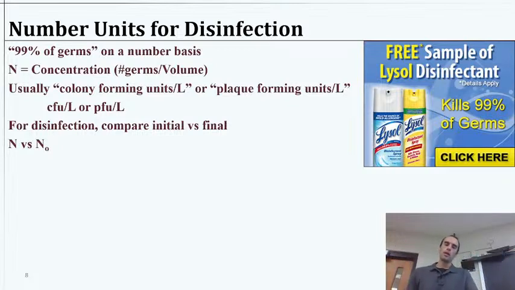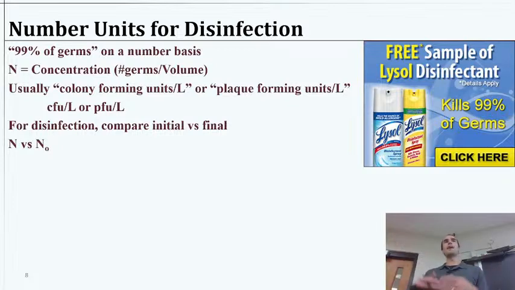Now, if you didn't know, what Lysol or whoever they're advertising, what they're not saying is they tried every single germ that exists and 99% of those were susceptible. That's not how it works. Instead, they took one particular type of germ, exposed it to their conditions for some amount of time, and out of 100 of them, 99 of the germs died. So they killed 99%. So 1% remaining.